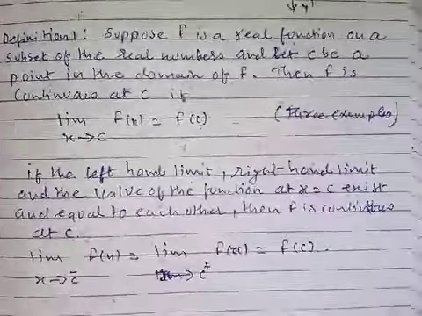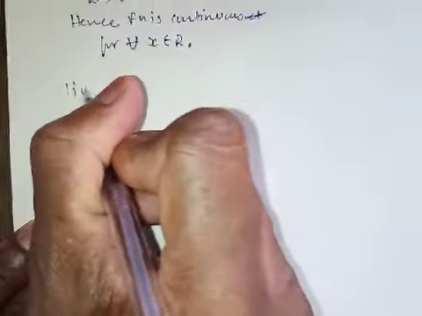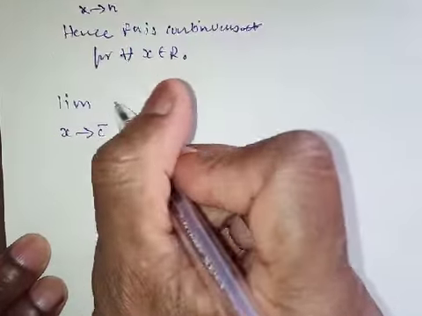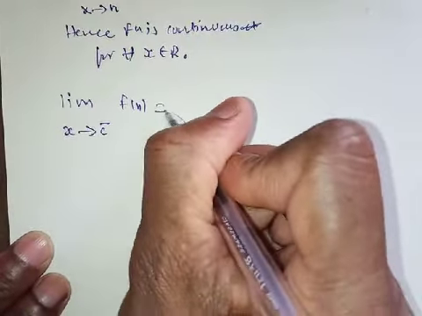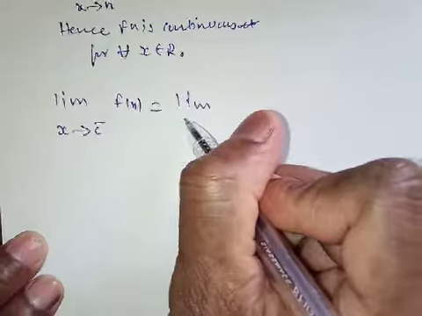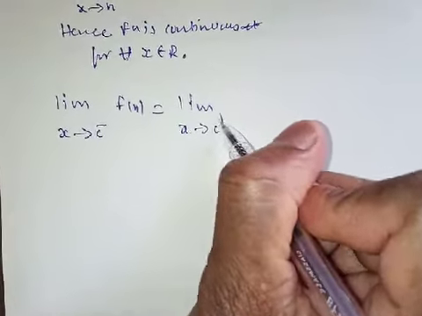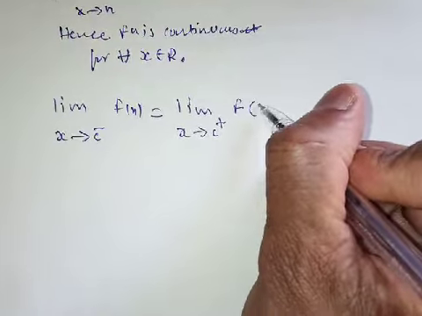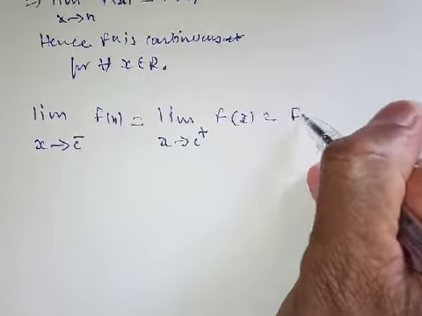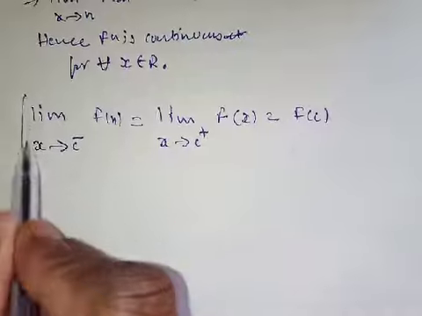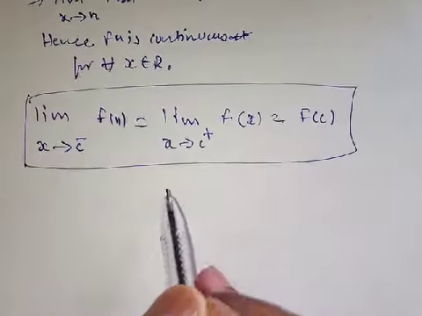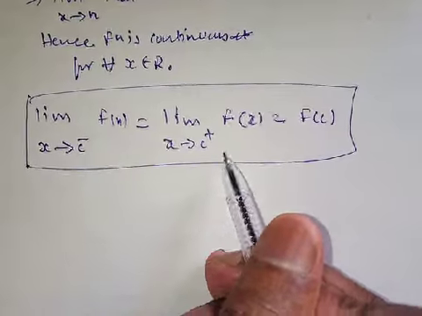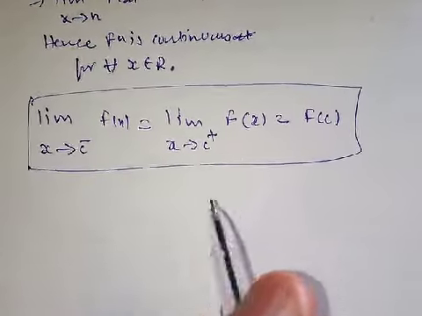So what it means to say is that limit x tends to c minus of f(x) is equal to limit x tends to c plus of f(x) is equal to f(c). If this condition prevails, then we say that f is continuous at every x belongs to R.